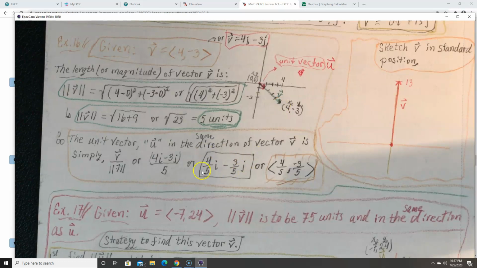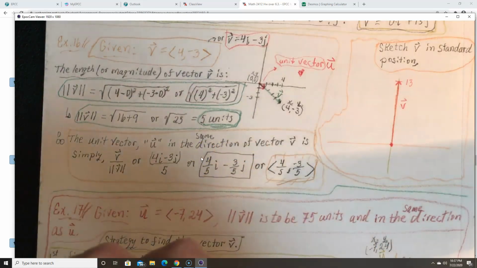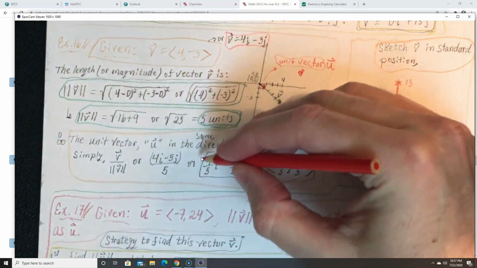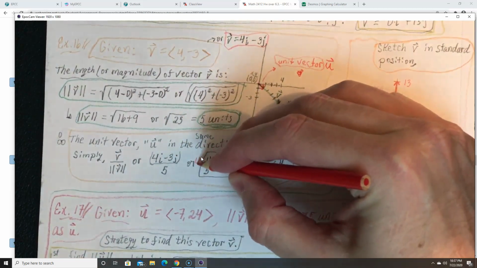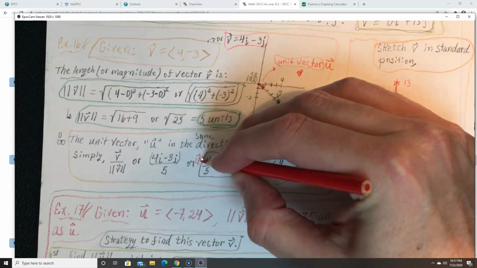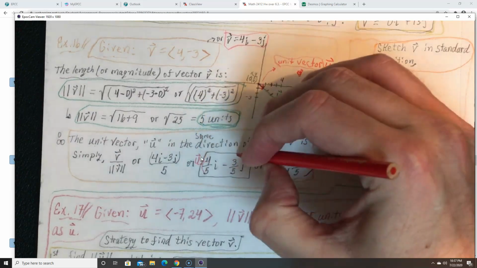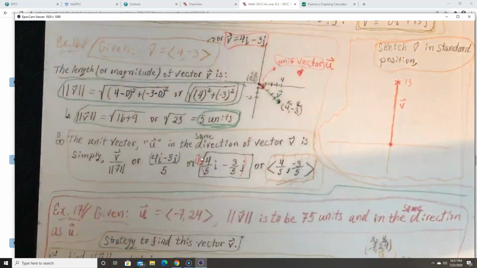And then we can leave it in the vector form, and now this is all called vector u. You don't have to put a grouping symbol around it.